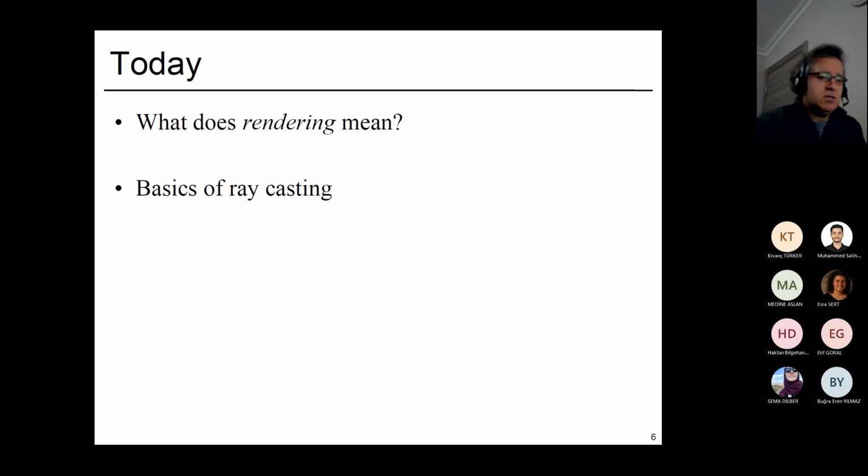We talked about rasterization in the context of a graphics pipeline and using a graphics card, a GPU. Today I'm gonna go back to that again, but this time talk about raycasting instead. And I'll tell you a little bit about the basics of raycasting and how it works so that you have an idea of the difference between these two techniques.